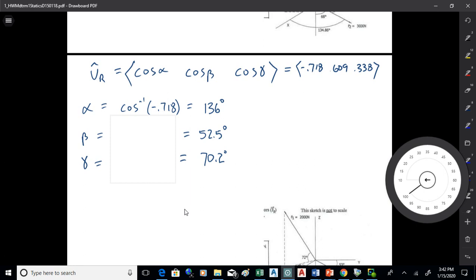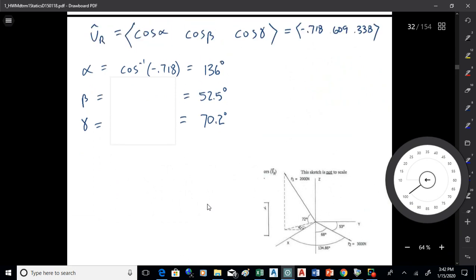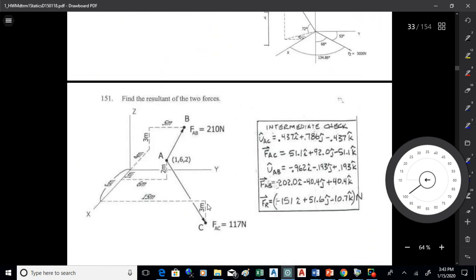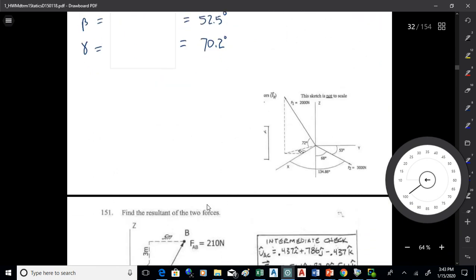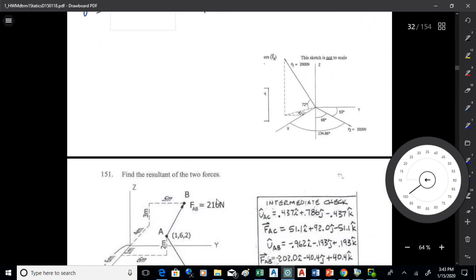So that's the first one there, okay? Using a double projection there, and the other one just has the angles given.